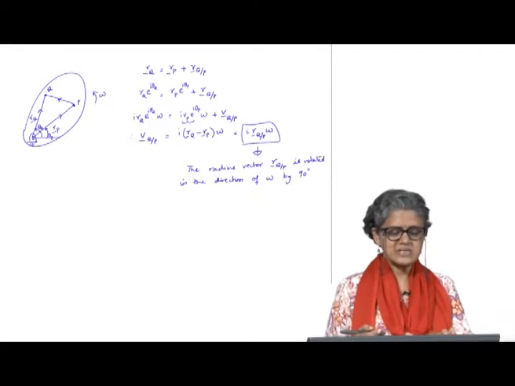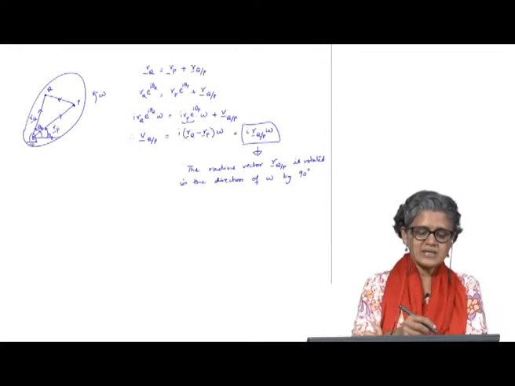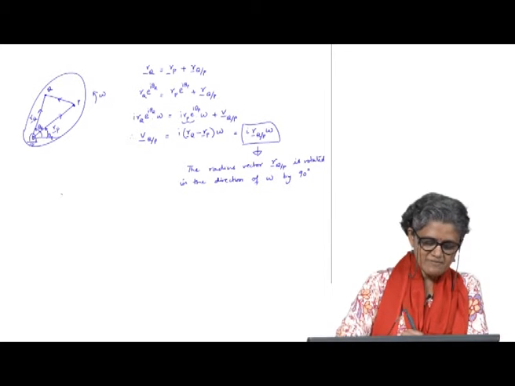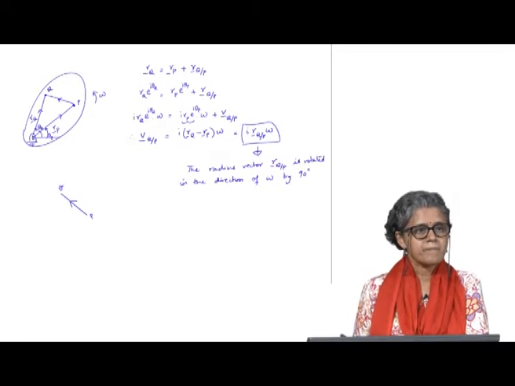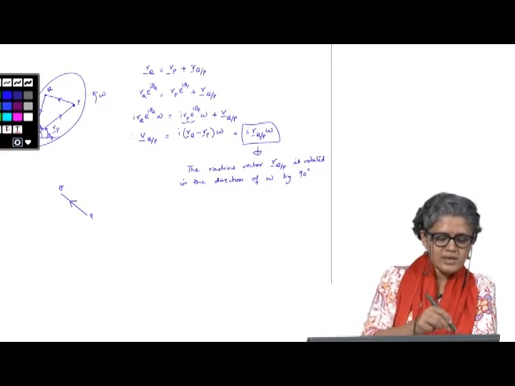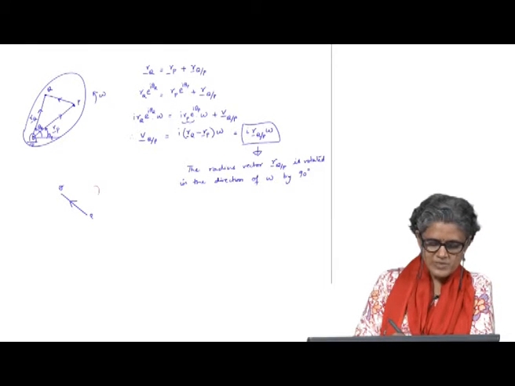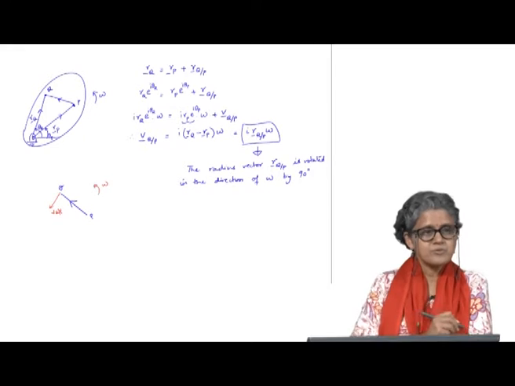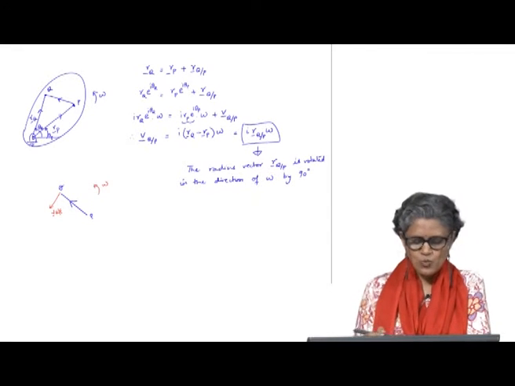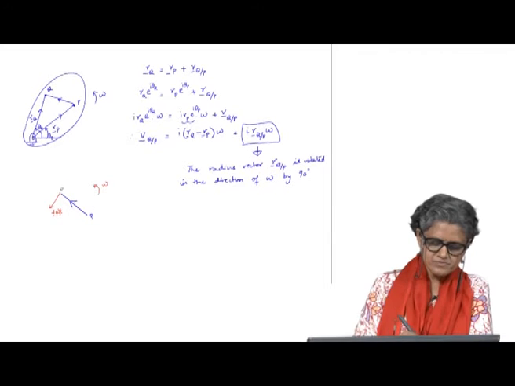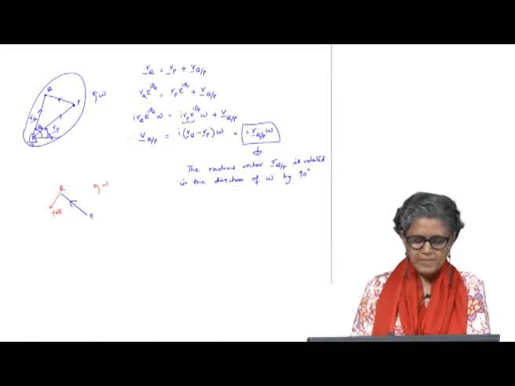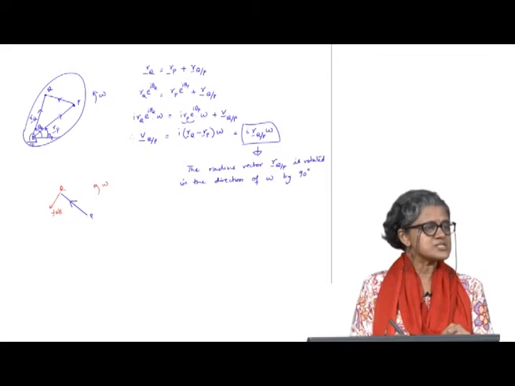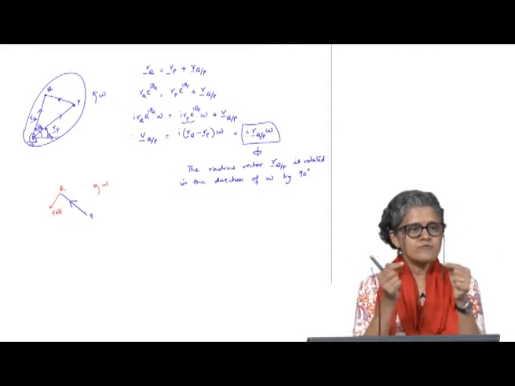So, if this is Q and this is P, and omega is counterclockwise like this, this is the direction of the velocity of Q relative to P. What this tells you is, these are 2 points on a rigid body, they cannot move closer to each other.